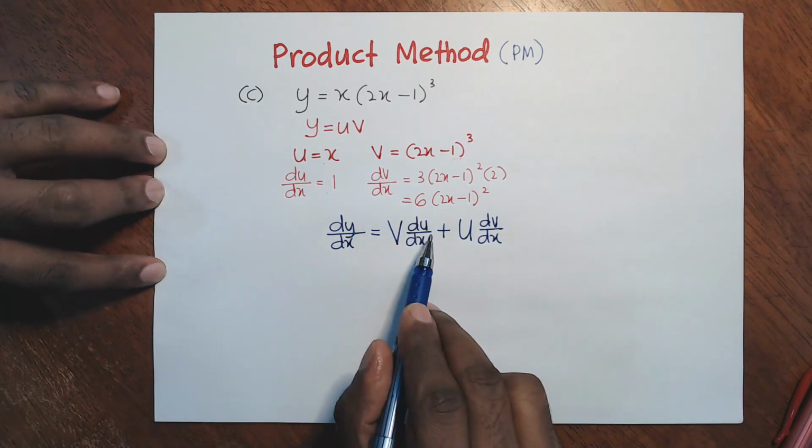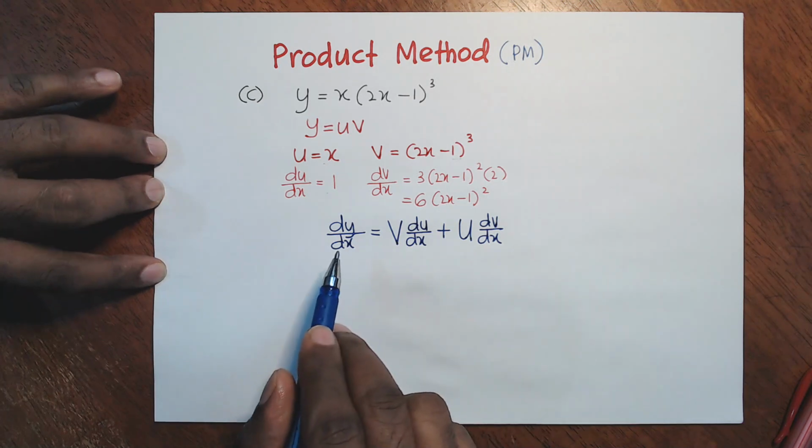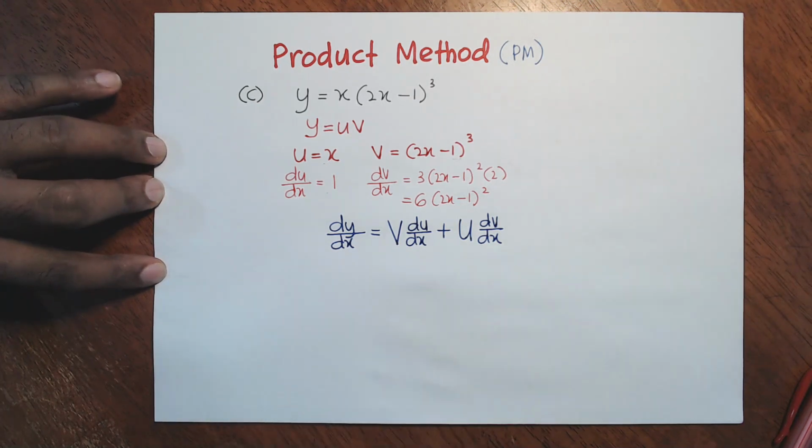So write down the formula. Make sure you write down the formula every time you do this. That's a requirement for SPM. You must write down the formula, and then substitute everything inside.